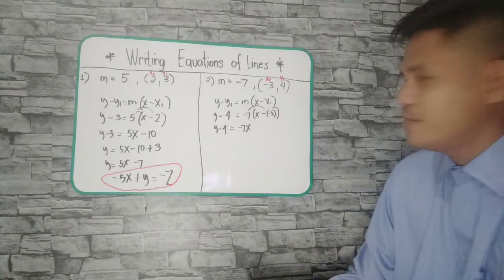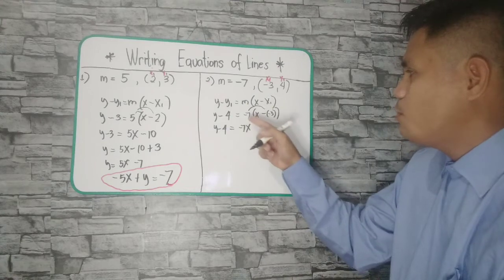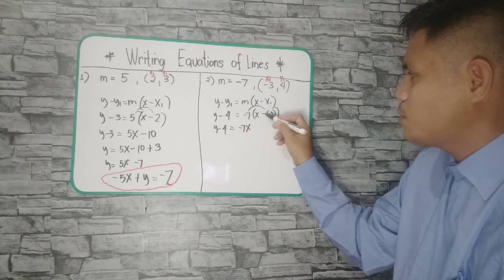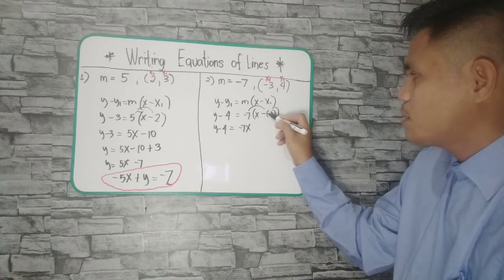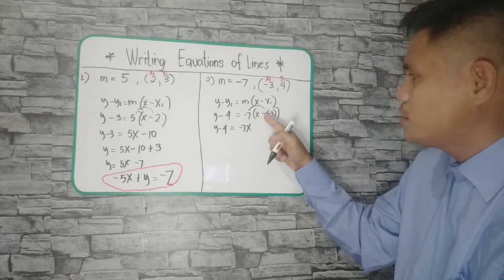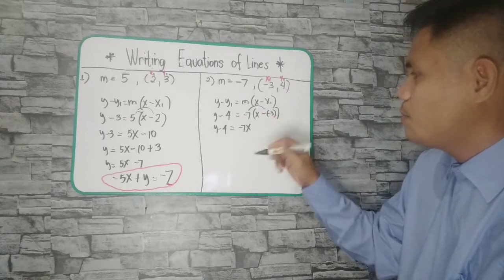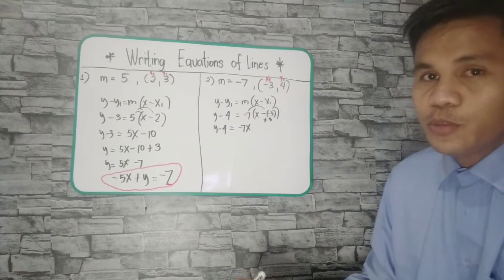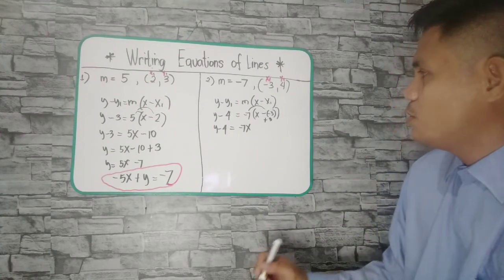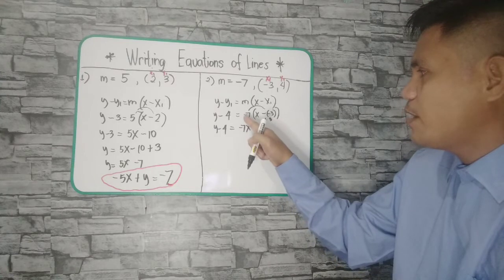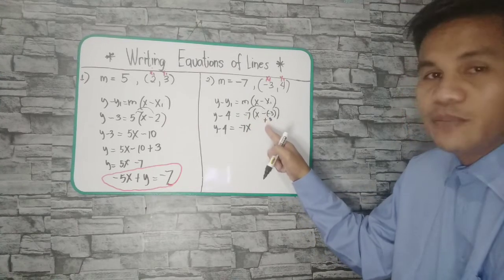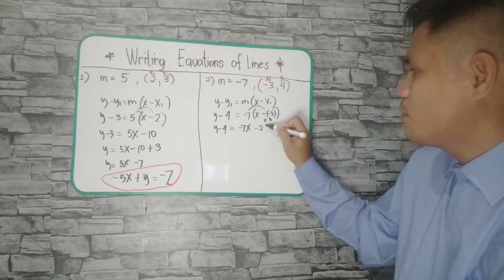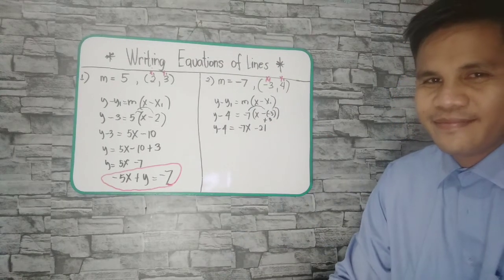So what is negative 7 times negative 3? Before we can multiply this, let us remove the negative sign inside this parenthesis. So this is x minus negative 3. It will become plus 3 by the rules of subtracting integers. Meaning to say, we have to multiply negative 7 times positive 3. That will become negative 21.